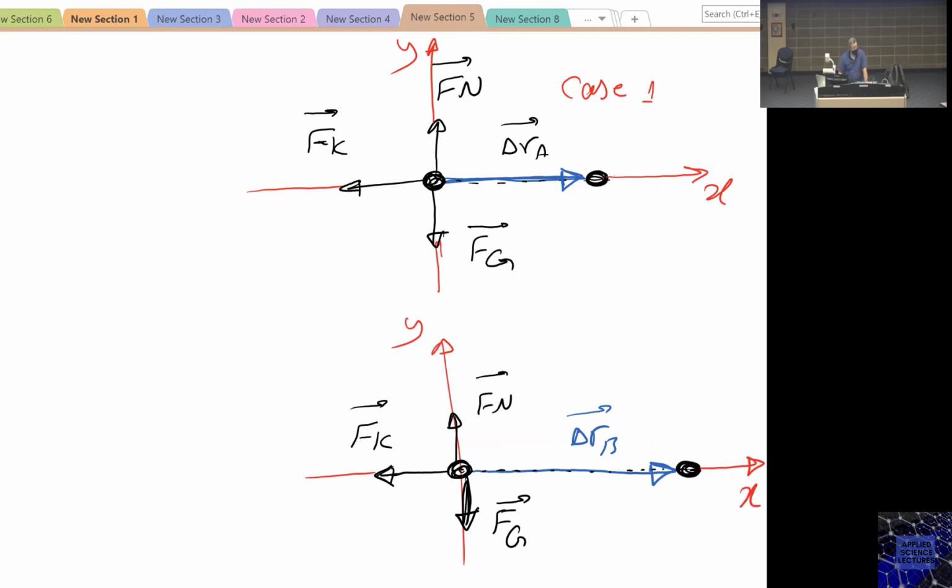I need to find the relationship between RA and RB. So what do I know here?